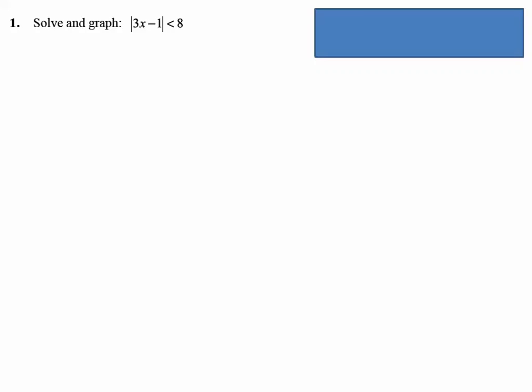Looking back at our notes on the previous slide, it's an AND statement. We take the 8, put it all the way in front, and make it a negative 8. The less than symbol comes down, and whatever's inside the absolute value comes down without the absolute value. Then we'll make it less than positive 8. So it's the negative of this right here on this side.